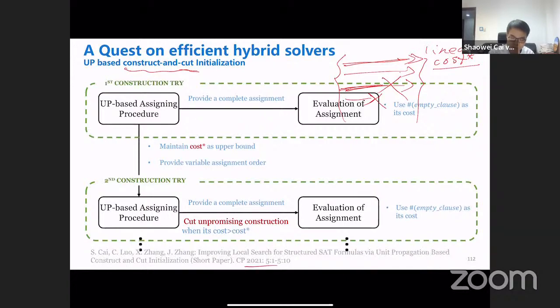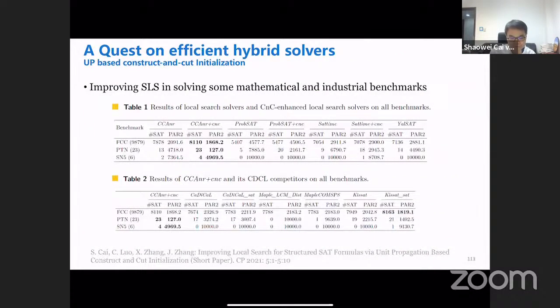Actually, I did this work several years ago, but the paper was just published this year. This approach was shown to be effective and generic for improving local search algorithms, including CCNR, ProbSAT, and Sparrow.